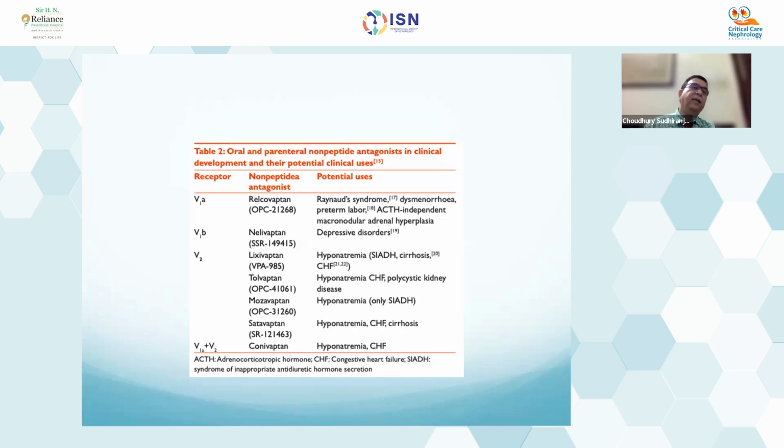So in ADPKD, we don't ask them to restrict water unless there is a contraindication, like, let us say, the heart is compromised or ejection fraction is low. Otherwise, we ask them to take a normal amount of water and not to be thirsty.